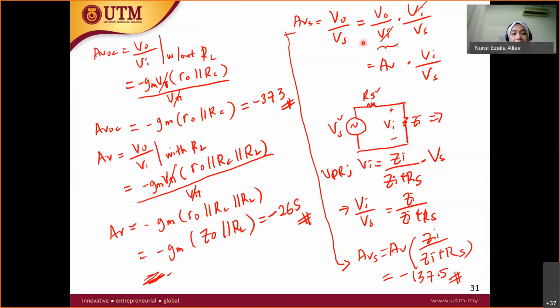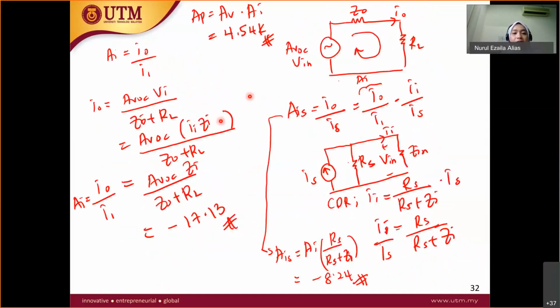Later we derive the voltage gain referring to the source, V out over Vs. You should be familiar with this. Then you also derive the current gain, I out over I in, making use of the output equivalent circuit with AVOC V in, Z out, and RL. This is from the amplifier model that we learned at the beginning of this chapter.